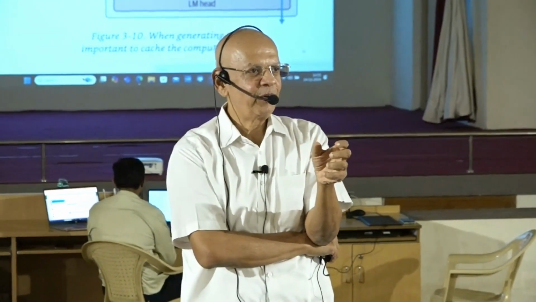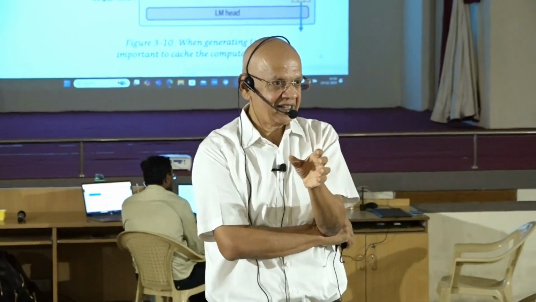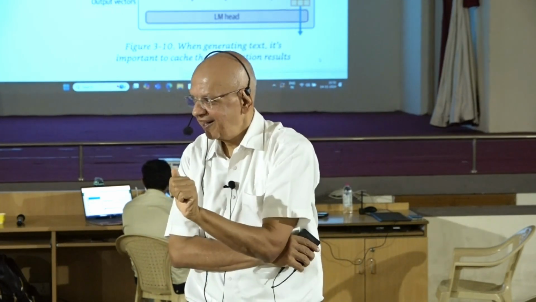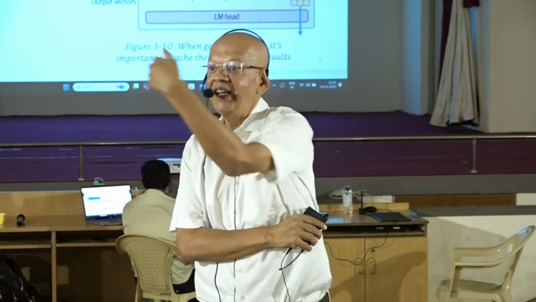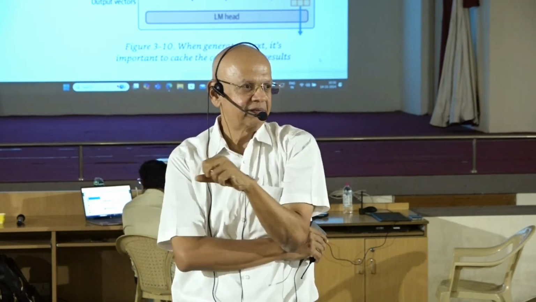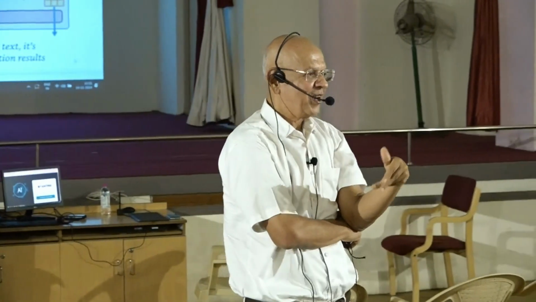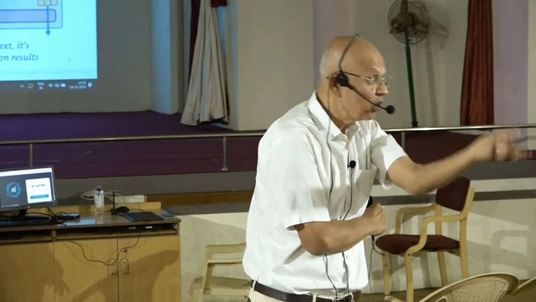And now what do I do? I take the entire context plus this new word and give it as input to the transformer again and ask it to generate the next word, that is the second word. Are you with me? But while doing that, whatever work the transformer has done for the earlier words can be reused. I am talking about it conceptually.